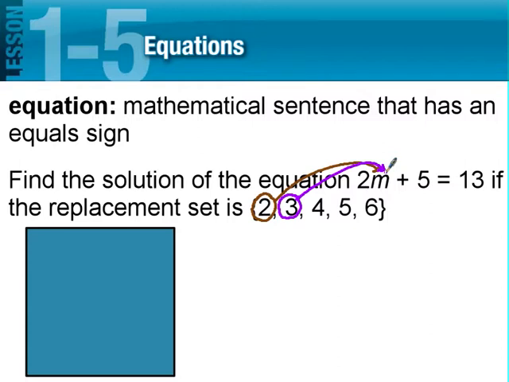If it does, that's one of the answers. And so do you see the pattern? You're just going to take all of those values and plug them into the equation. You're going to see which ones make the equation true. All right, so I want you to plug 2 in.